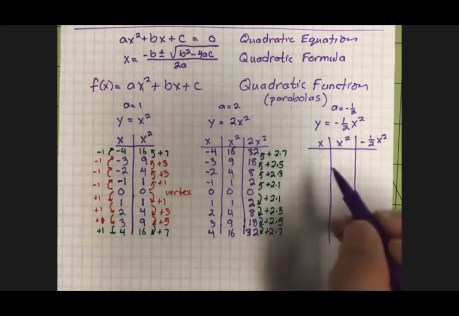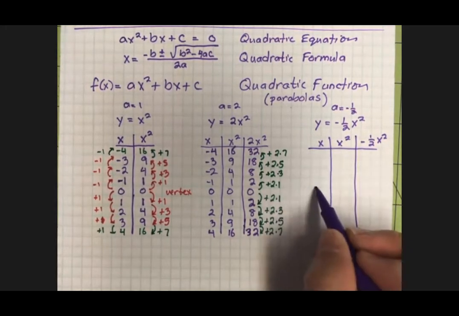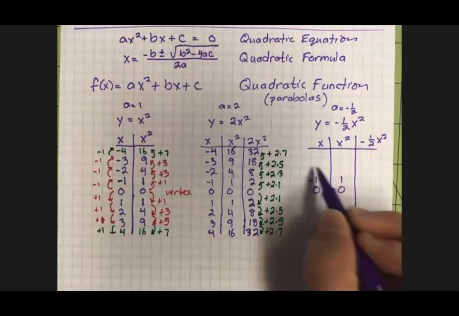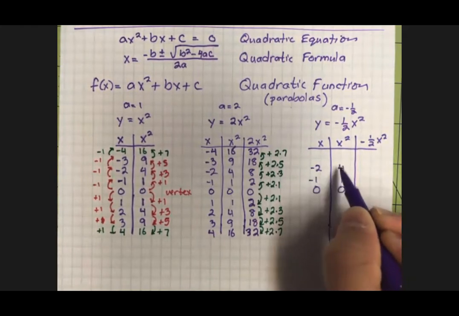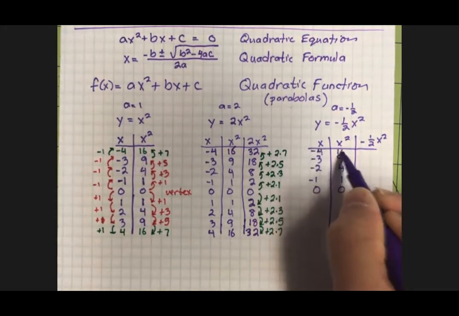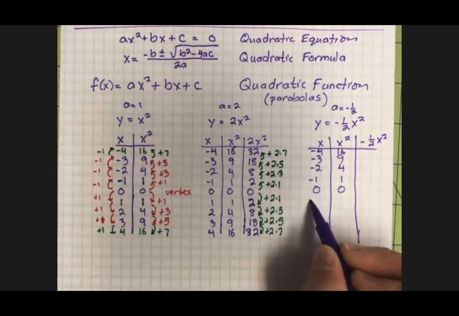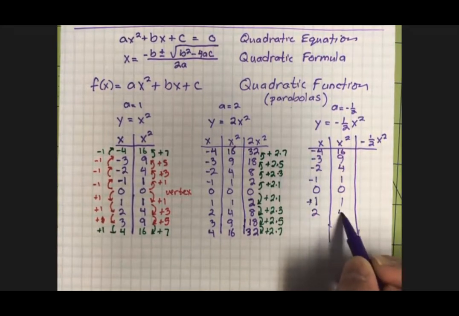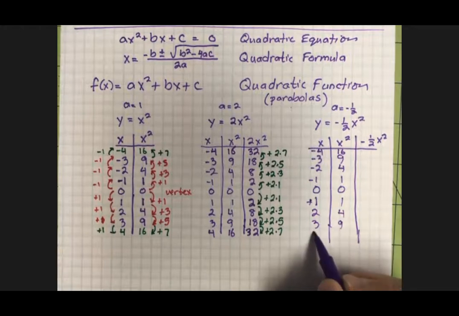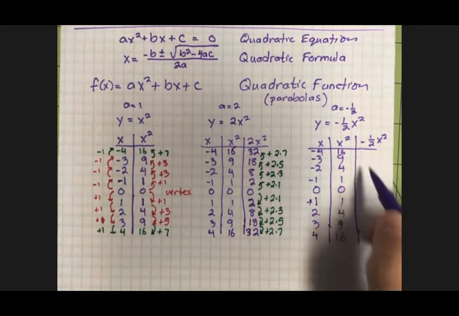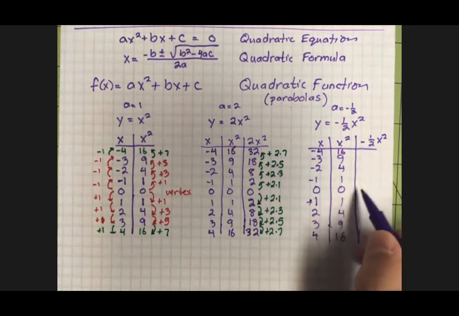Now you know what you're going to see in this last table. If I plug in 0, 0, minus 1, 1, minus 2, 4, minus 3, 9, minus 4, 16. I didn't space myself very nicely there. Plus 1 and 1, 2, 4, 3, 9, 4, 16. What happens if I multiply each of these by minus 1/2? Okay, I'm going to create fractions.